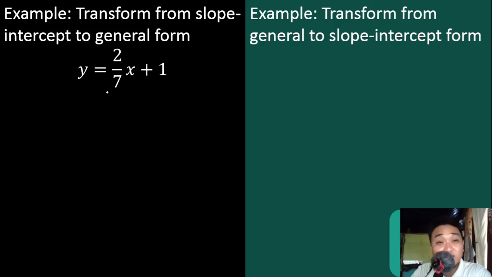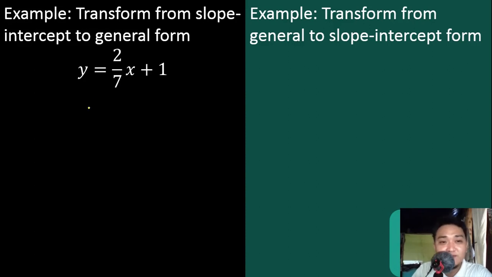Let's say we want to transform this equation from slope-intercept form to general form. So what will be the general form of this equation? Again, all we have to do is to transpose this term to the other side.